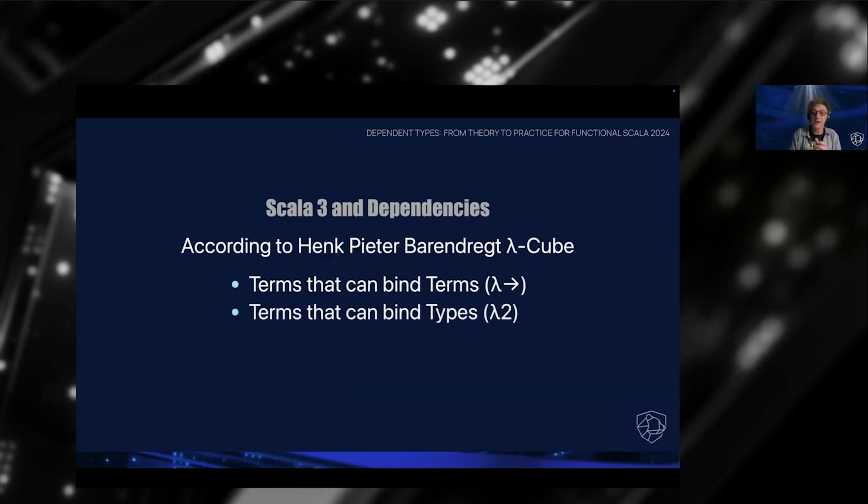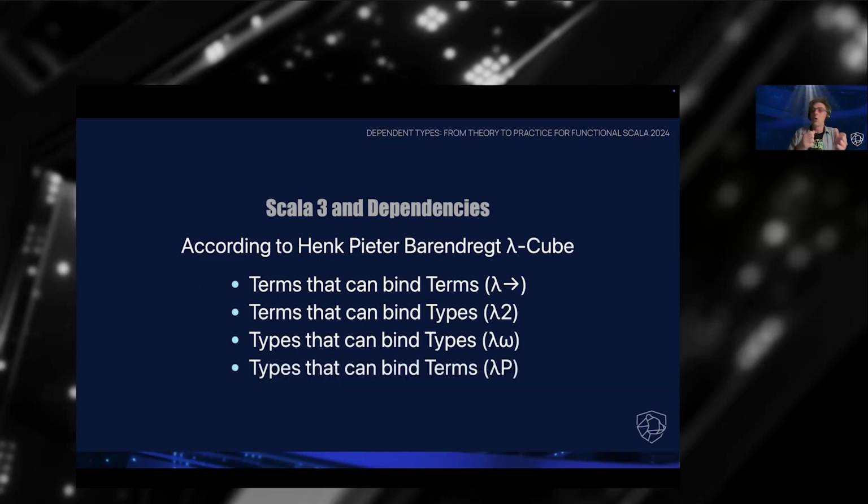We also have terms that bind types, which is in fact polymorphism. We have types that bind types. This is the type constructor. And finally, the much more complex one is types that bind terms. So this is the dependent function type.